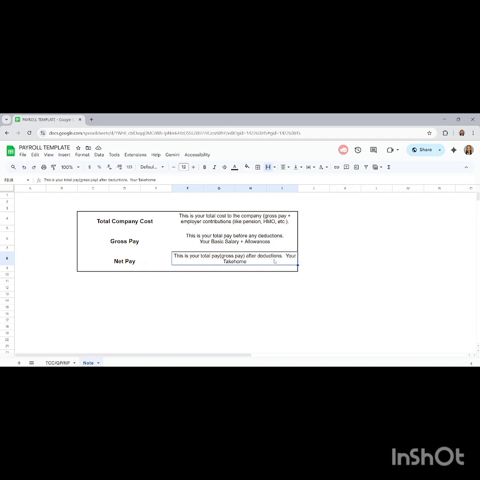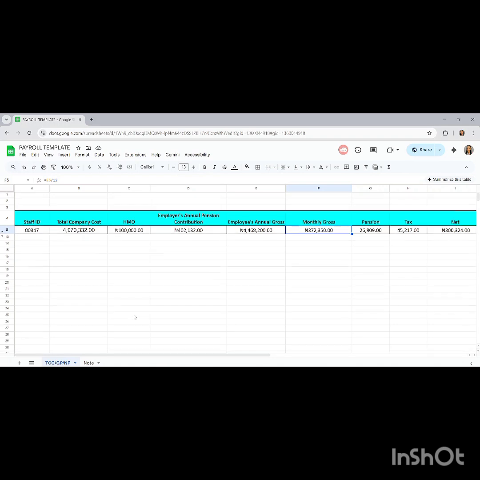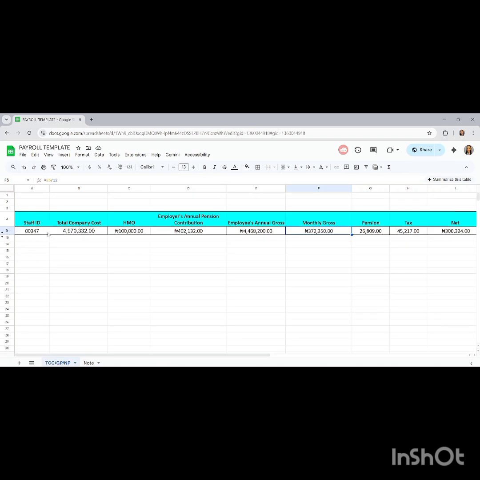So I believe this simple explanation has done justice to this. We'll just check one example for us to understand better. Let's say this is the staff ID, and the total company cost for this role is say 4,970,000. So this company is just doing two things. We are assuming they have HMO for all their employees, and the employers also contribute to their pension.